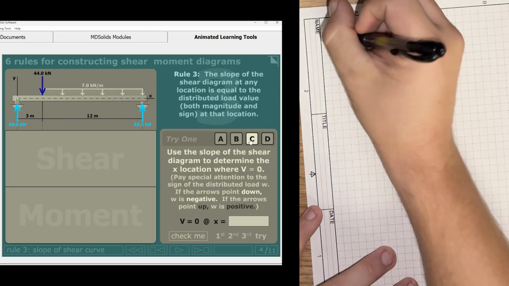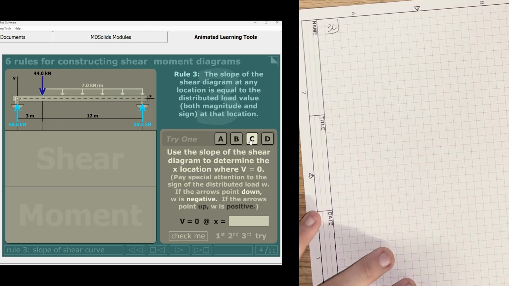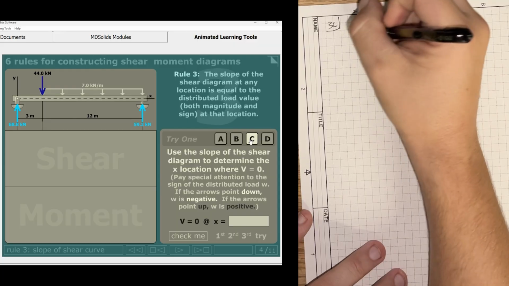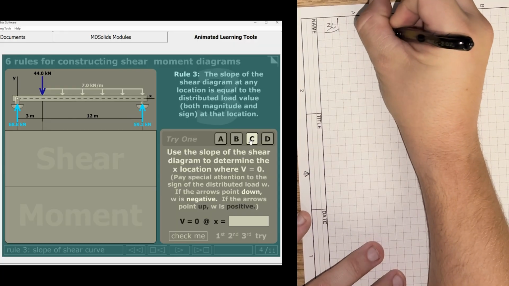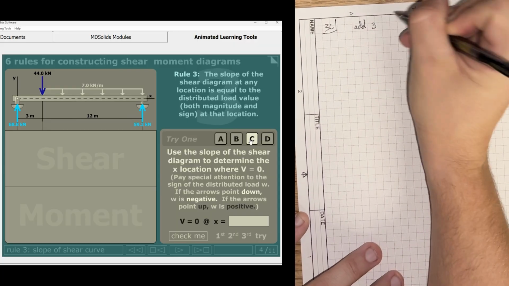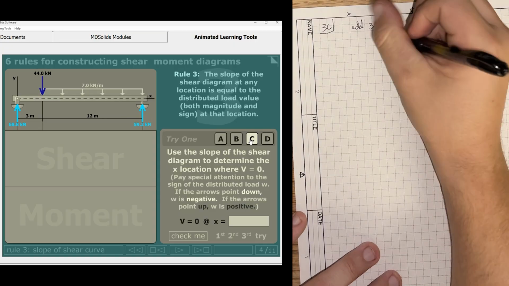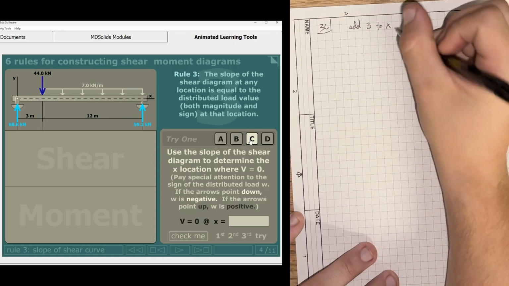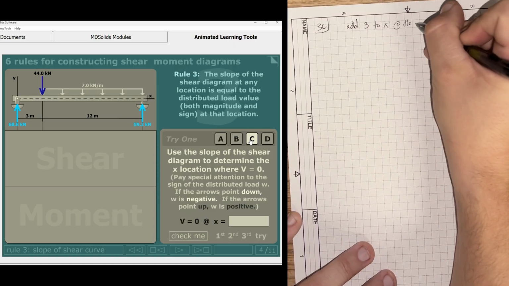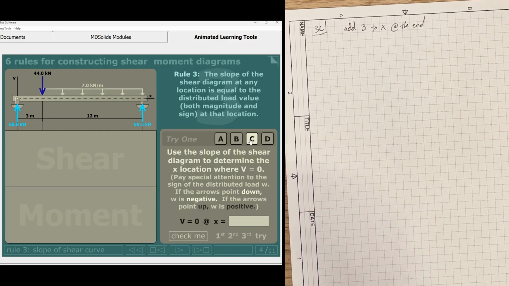Sweet. So moving on to 3C here. We've got this equation again. Remember, we want to add 3 to x at the end of this, so once we solve for x, we're going to add 3.